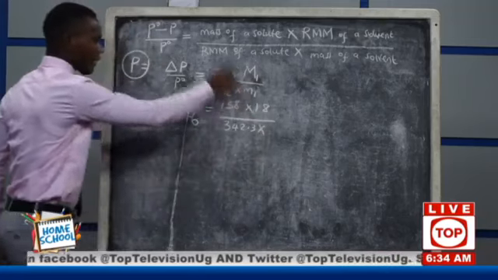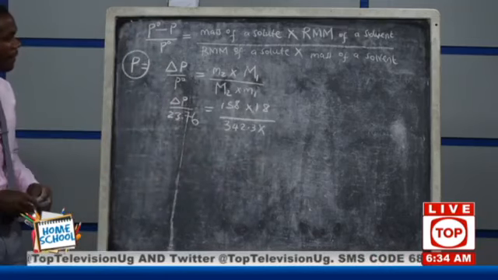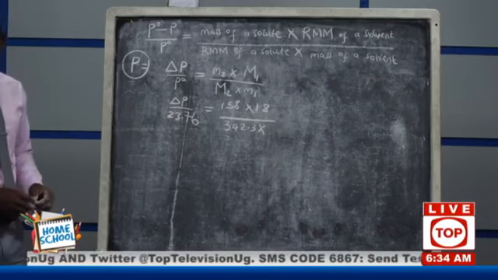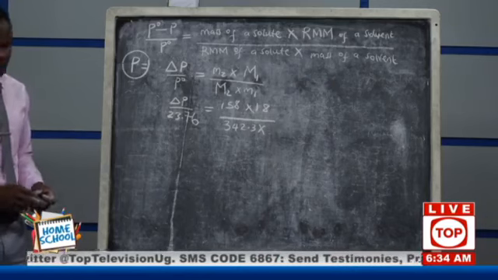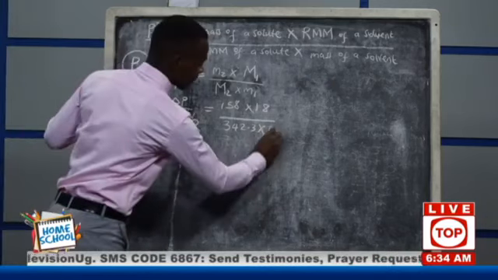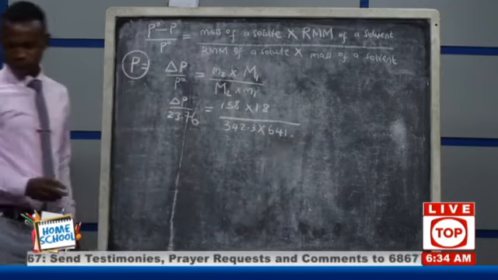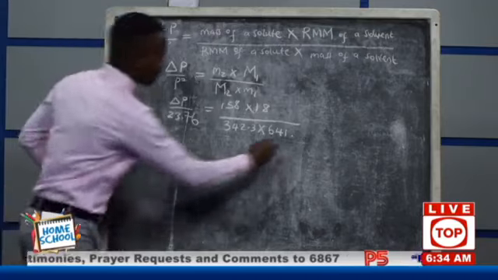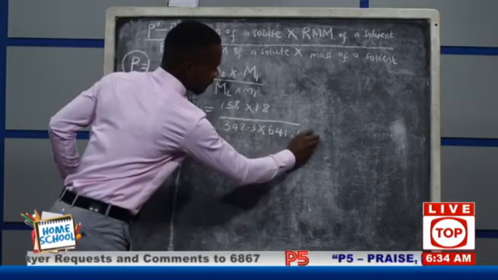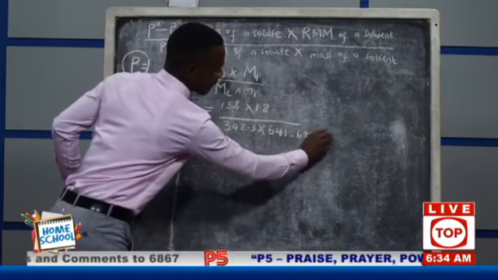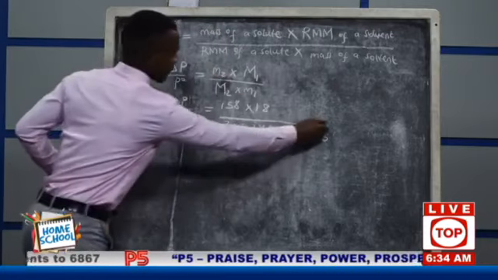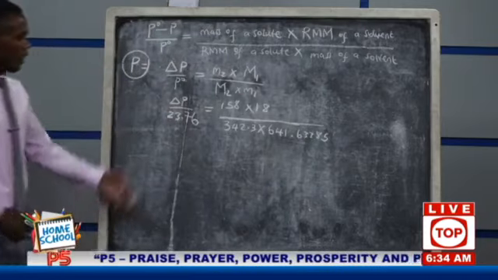Then times mass of the solvent. Mass of the solvent, we have just calculated it as 641.63385. Okay, that's it. So what do we do here?